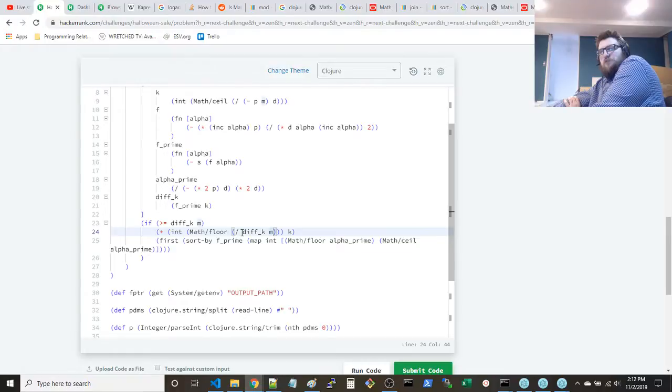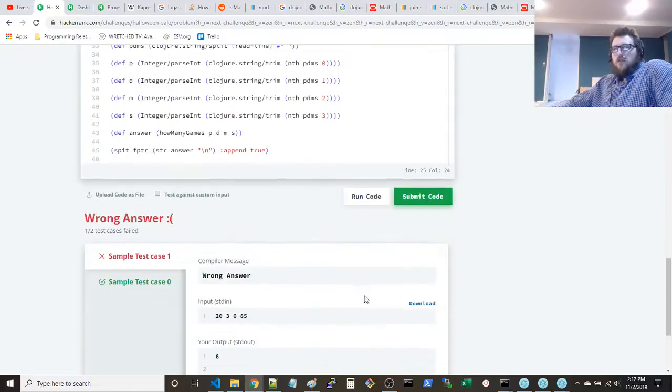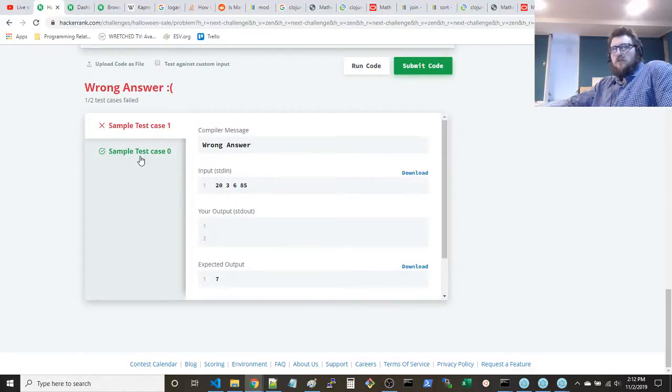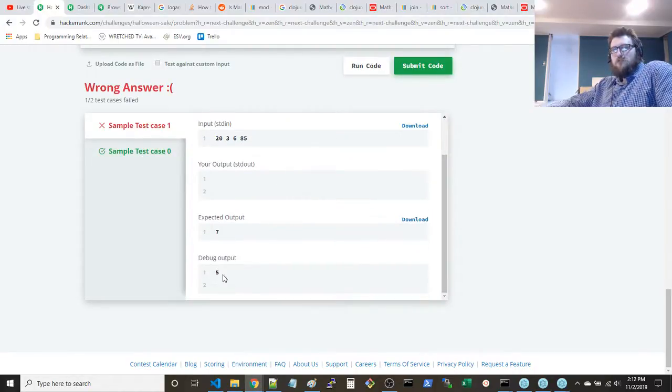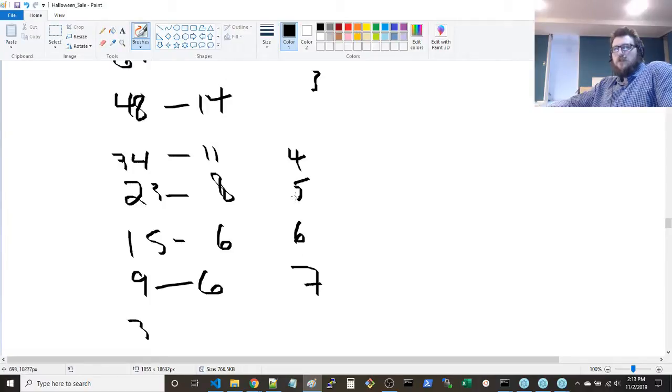So K, let's just print K. All right, if we run this again. 5. Okay, is 5 in this instance? It is, yeah. So we should add 2 to 5.